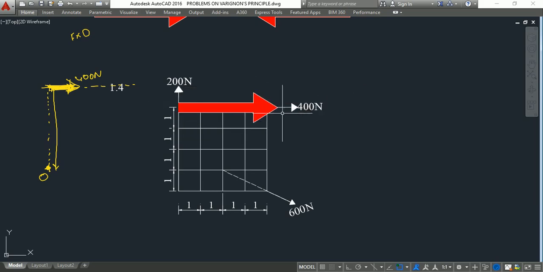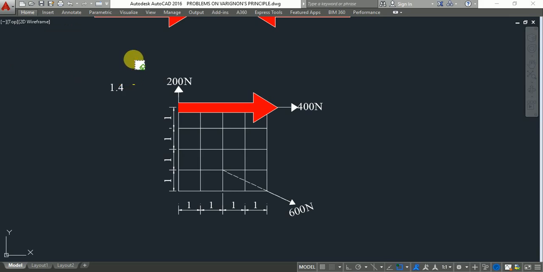I have transferred this 400 Newton along the line of action to here.